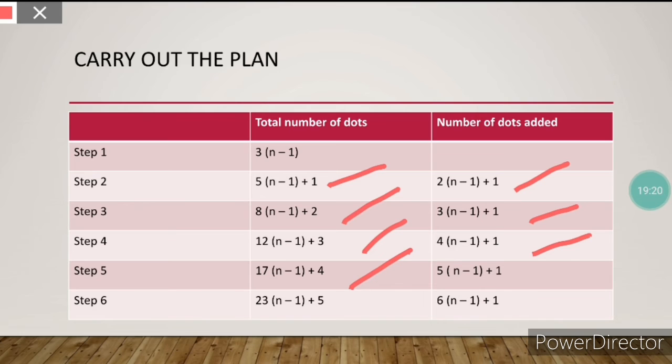And the total number of dots added is equal to 5(n − 1) + 1. In step 6, the total number of dots can be solved using the formula 23(n − 1) + 5. And the total number of dots added is equal to 6(n − 1) + 1.